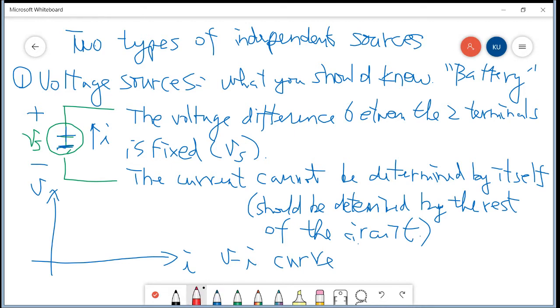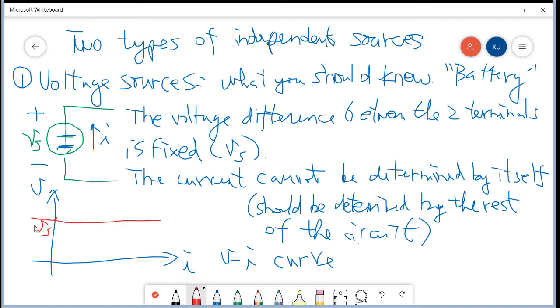The VI curve for a voltage source should be something like this. The y-intercept point is Vs, of course, and the current I could be any number: zero, a positive number, or even a negative number.